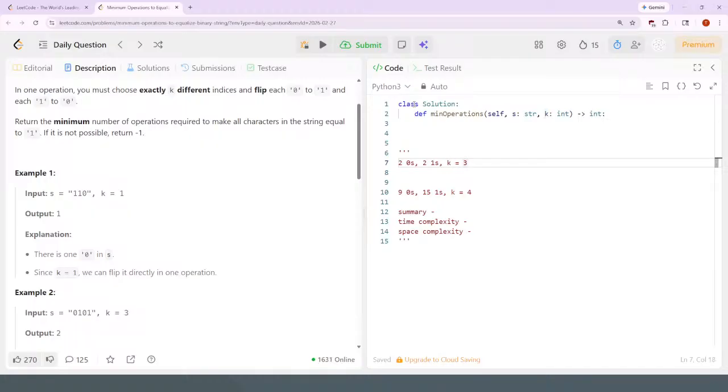If you spent all 3 flips on your zeros and then 1 on your ones, you'd be left with 1 zero and 3 ones.